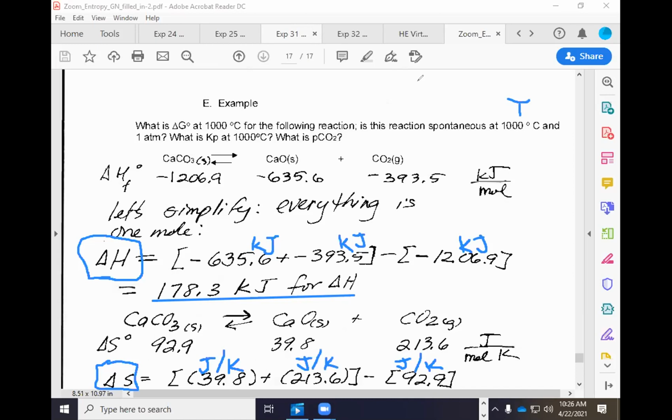You want delta G in kilojoules, correct? Yes. Technically, as long as you show your units, you would be fine.